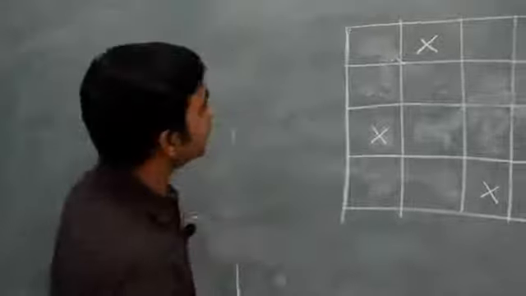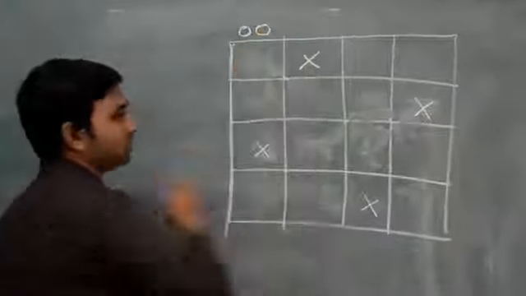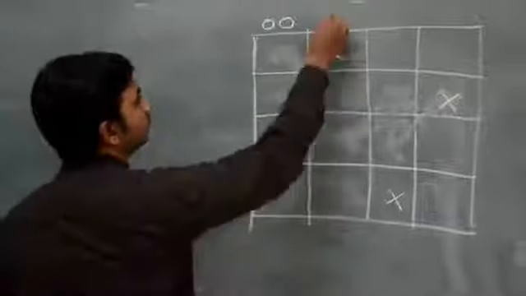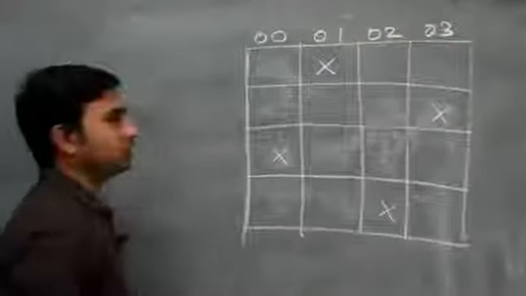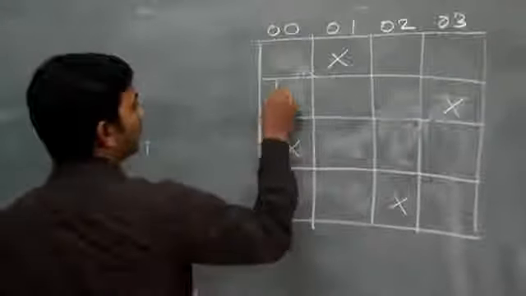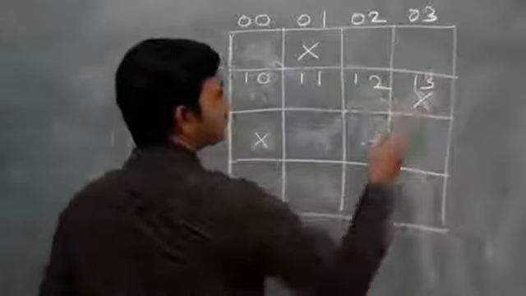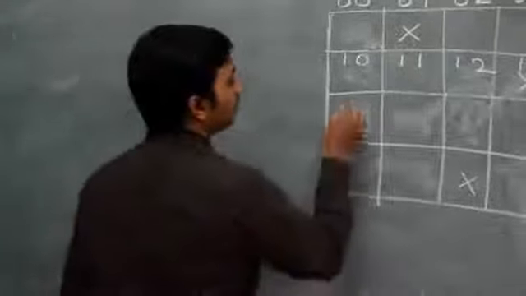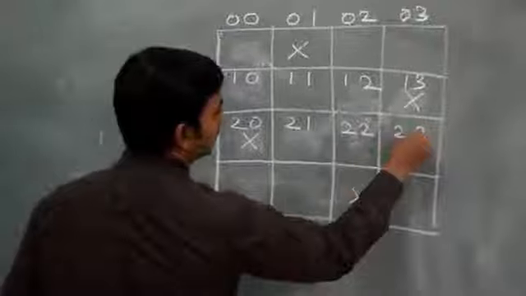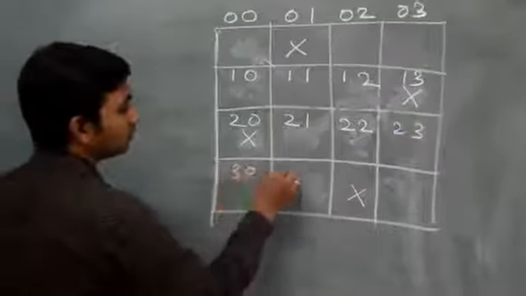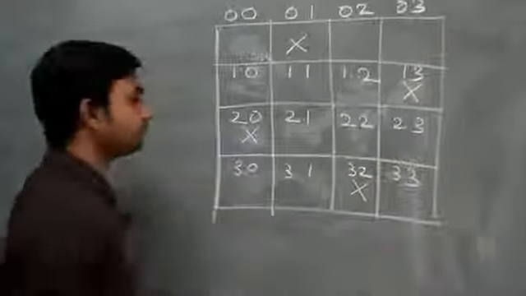Already we know that the first row is represented with indices 0,0, 0,1, 0,2, 0,3, and the second row is 1,0, 1,1, 1,2, 1,3, and the third row 2,0, 2,1, 2,2, 2,3, and the fourth row 3,0, 3,1, 3,2, 3,3.